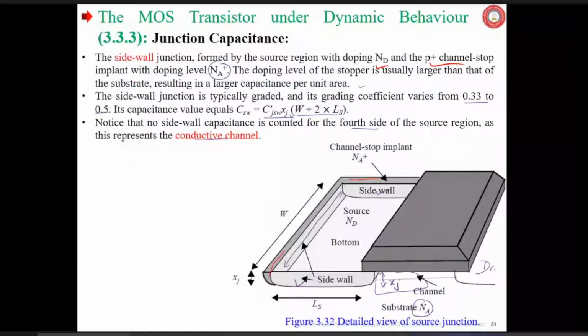So that's called channel stop implant with Na plus, not Na. The doping level of the stopper is usually larger than that of the substrate, resulting in a larger capacitance per unit area. Concentration is more means what? Depletion width will be less, and hence capacitance will be more. Did you understand? Himanshu Shogra, are you understanding?